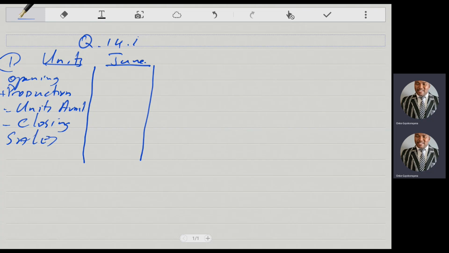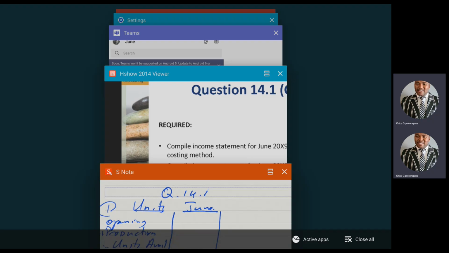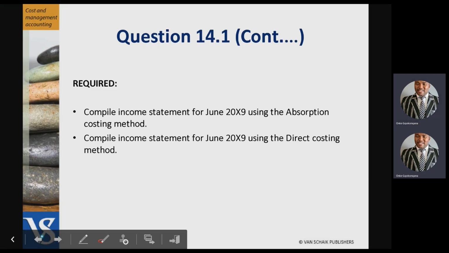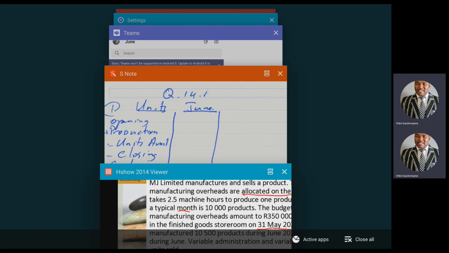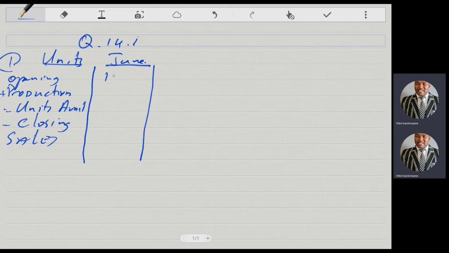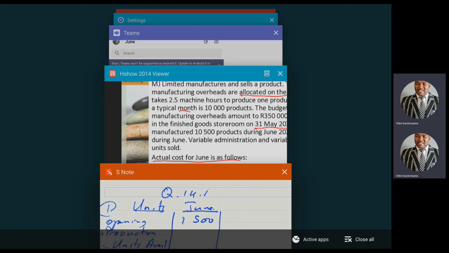We'll simply go back to the question and look at what is given for us. There is information that there were 1,500 products in the finished goods storeroom on 31st May, 20x9. So if it says 31st May, 20x9, and we're doing this calculation for June, therefore it means that 1,500 is the opening in the month of June. Right, let's check our production.